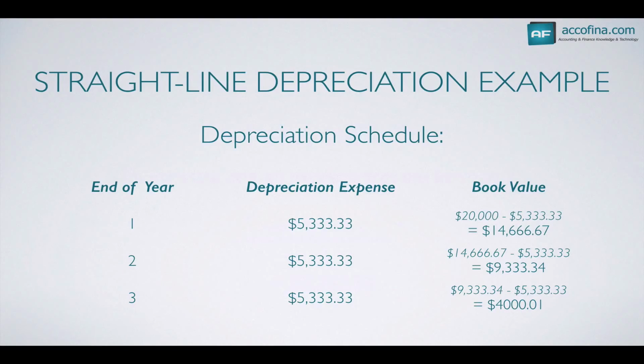And there is that 1 cent there because of all of those threes in this calculation. That's just a rounding error from all of the threes in the calculation. So you'll see at the end of the estimated useful life of 3 years, the book value will be exactly equal to the residual value.